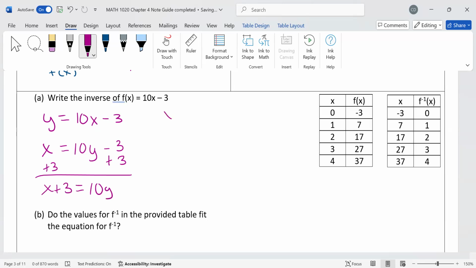Put that up here just for the sake of room. Last step to get y by itself is to divide out the 10. So the inverse is x plus 3 over 10.